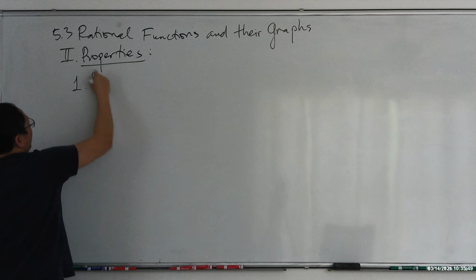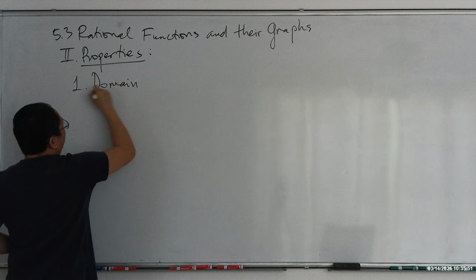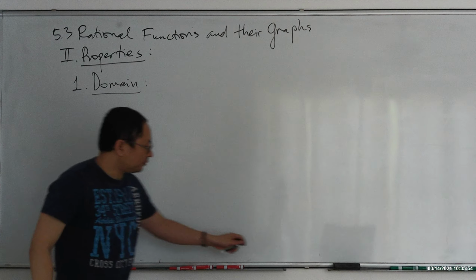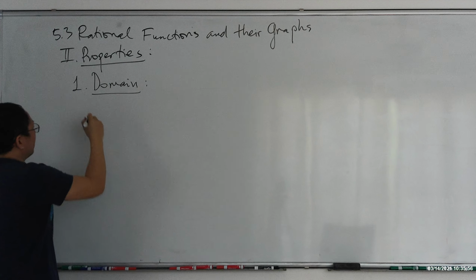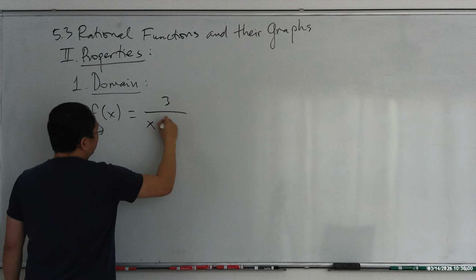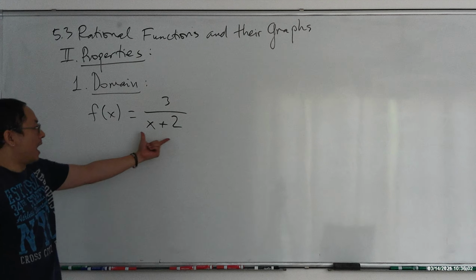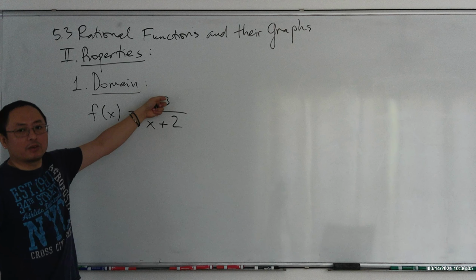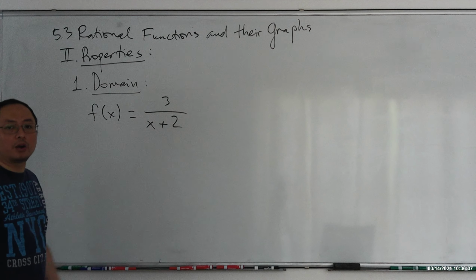First, let me talk about the domain of a rational function. Let me give you an example, an easy one. f of x is equal to 3 over, say, x plus 2. This is a fraction, okay? 3 is a polynomial of degree 0 over x plus 2, a polynomial of degree 1.